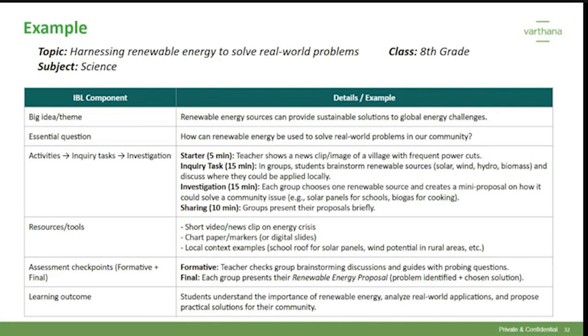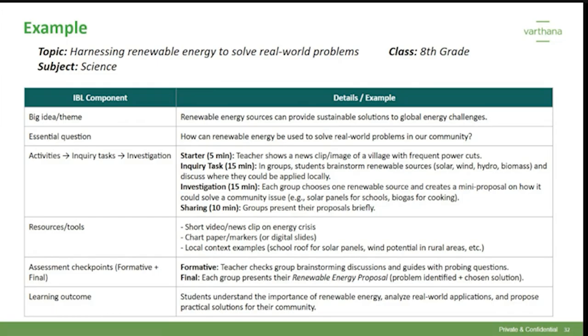Then the resources you can use in your classroom are whatever image, picture, audio clip, video or news cutting you want to show. You can use chart paper for the activity and other things, whatever you have access to. These will be included in the resources.